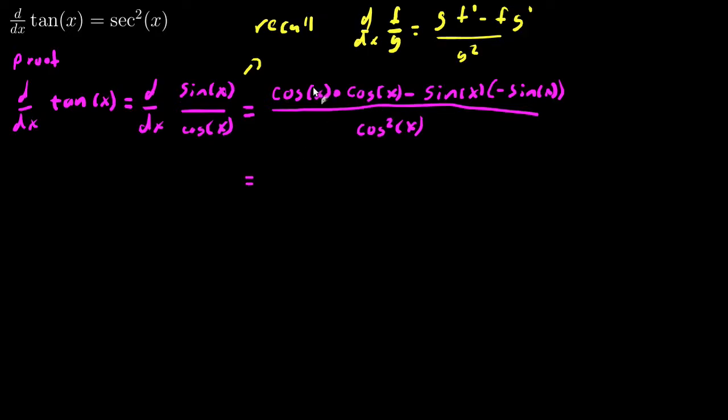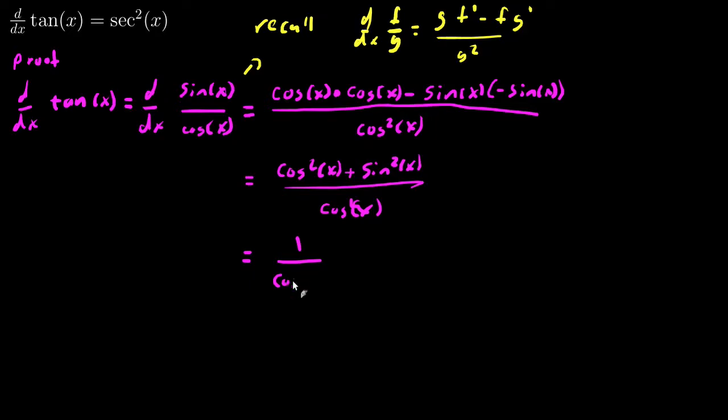Multiplying this through, cosine x times cosine x is cosine squared x, minus sine x times negative sine x is plus sine squared x. Cosine squared plus sine squared equals 1 by our Pythagorean identity. And 1 over cosine squared x is the same thing as 1 over cosine x all squared, but 1 over cosine x is secant, so we have secant squared of x.